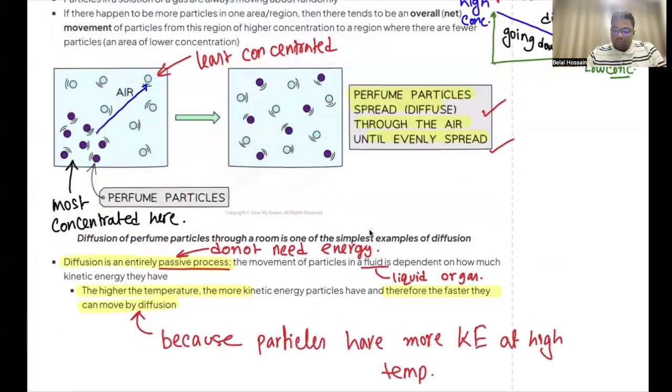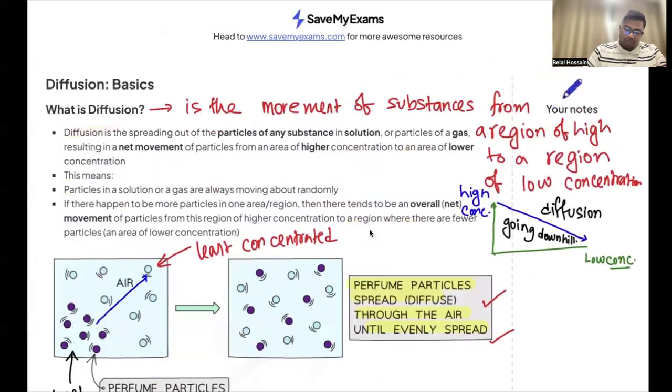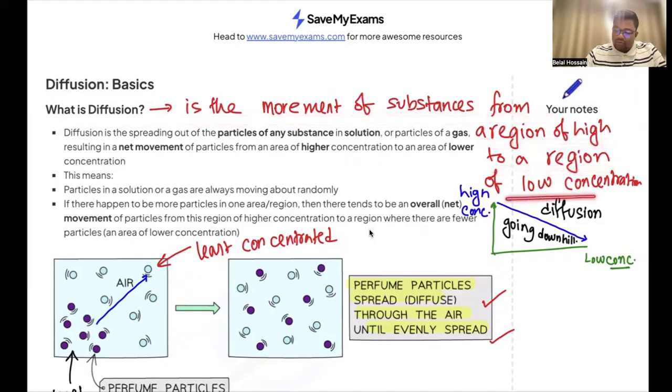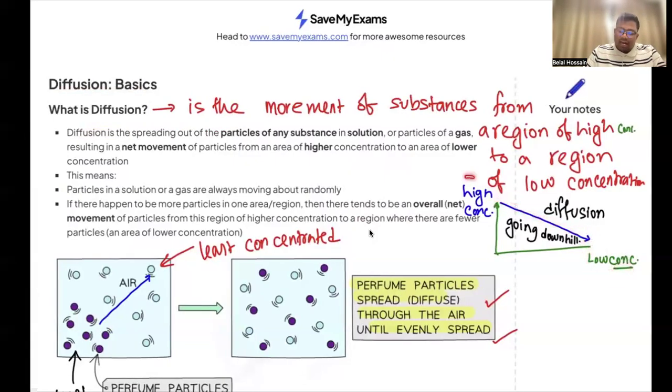So one more time, a recap of the page. First, understand diffusion. It is the movement of substances from a region of high concentration to a region of low concentration. CONC is the shortcut for concentration. It is like going downhill. Low concentration is the lower portion of the hill. High concentration is the higher portion of the hill.